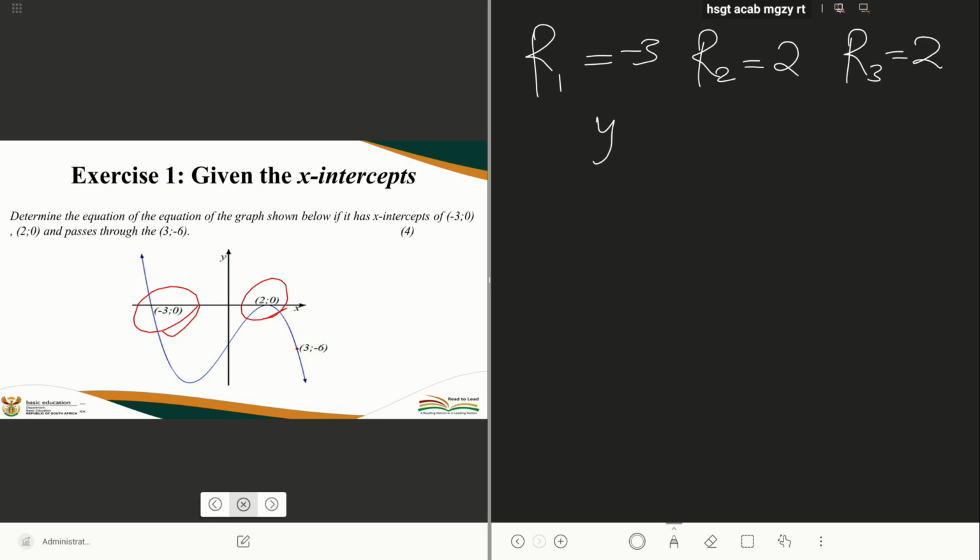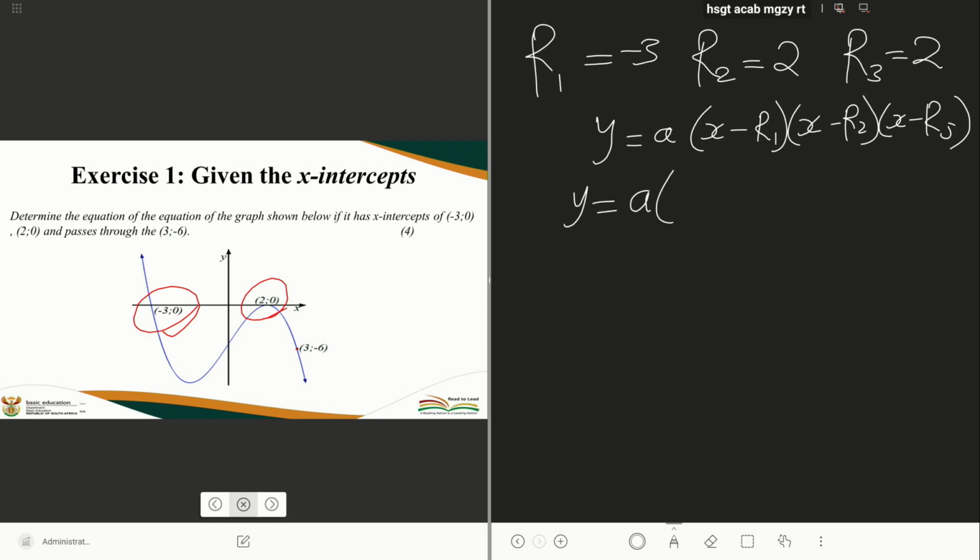So y is equal to a(x minus root 1)(x minus root 2)(x minus root 3). So y equal to a(x minus -3), and also (x minus 2), and also (x minus 2) here.